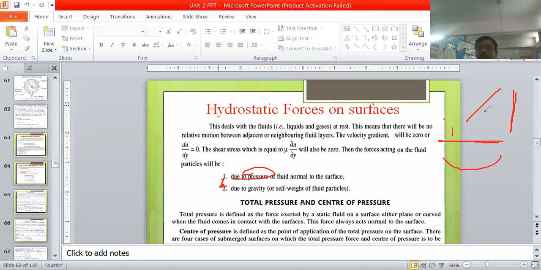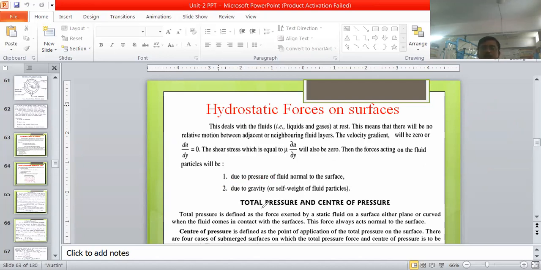These are the different conditions for which we have to find the total pressure and center of pressure: total pressure force acting on a vertical surface, on an inclined plane surface, on a horizontal plane surface, and on a curved surface. We are going to derive the formula for total pressure and center of pressure for these different conditions.